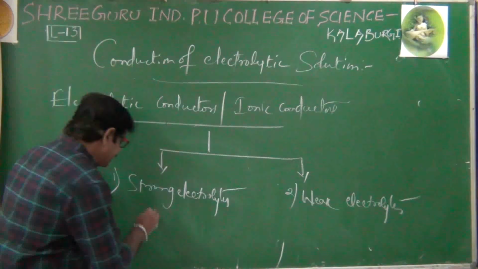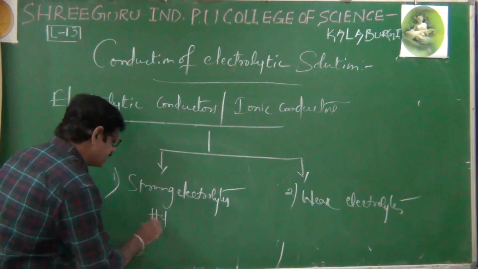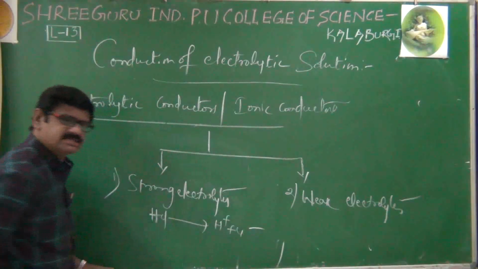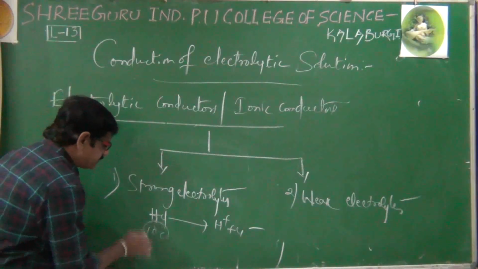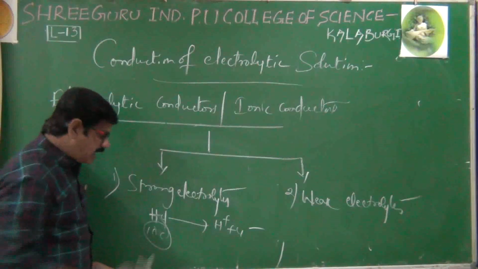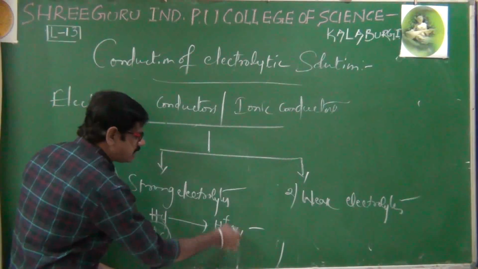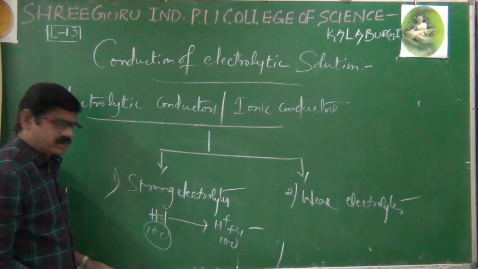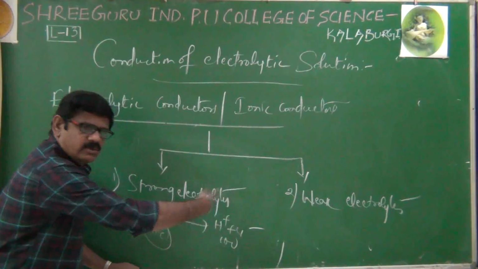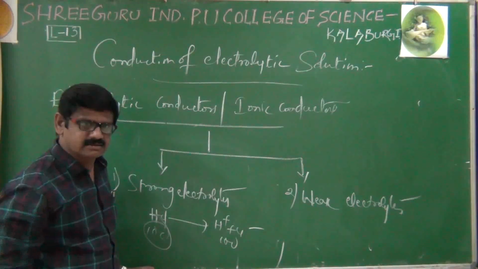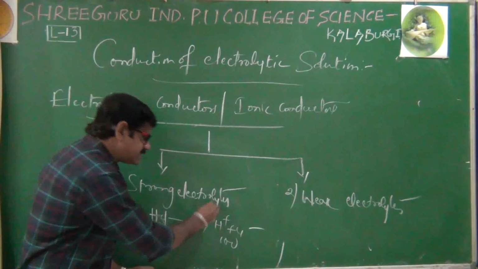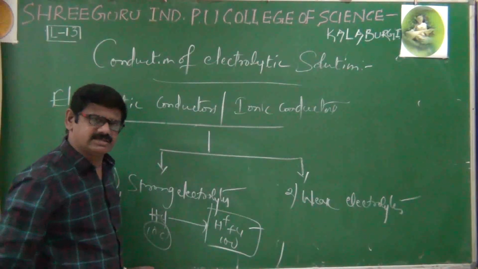For example, HCl. If you take HCl in water, it splits as H plus and Cl minus. If you take 100 molecules, almost 100 out of 100 molecules are splitting. So if a substance is dissociating almost completely, it is called a strong electrolyte. A strong electrolyte contains more ions.